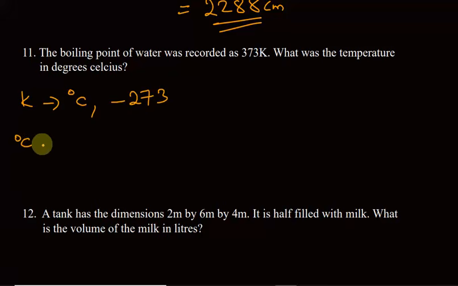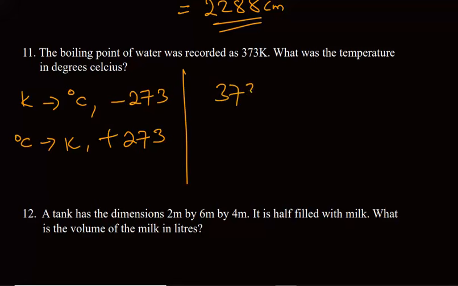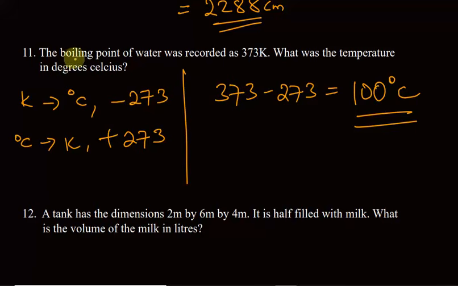And to convert degrees Celsius to Kelvin, you add 273. From what we have, we will just take 373 minus 273. Therefore, we'll have our answer as 100 degrees Celsius. That is the boiling point of water.